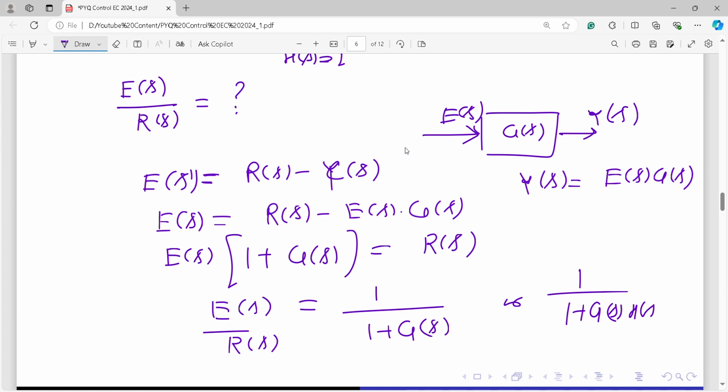Okay, here H(s) is equal to 1. All right.